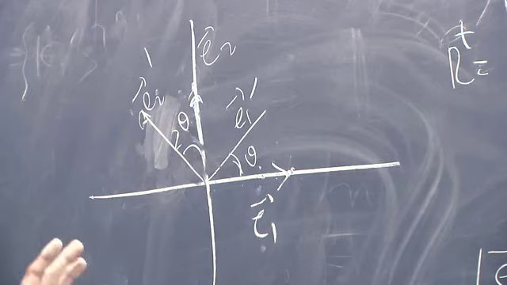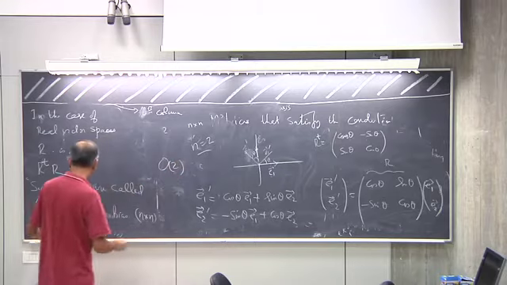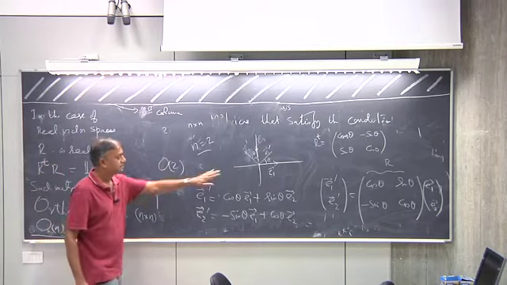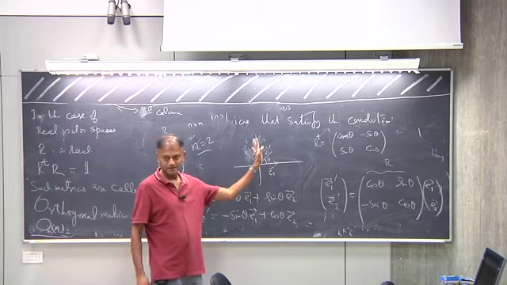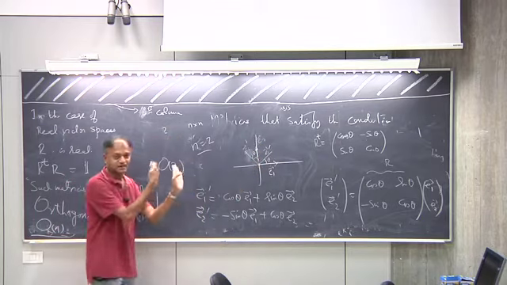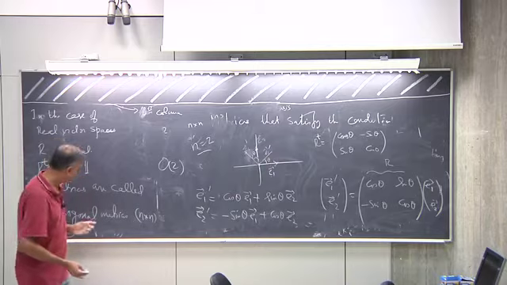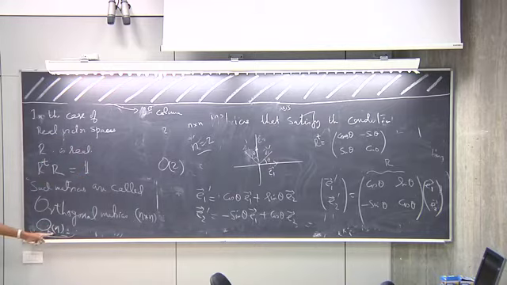So this is the full O2 group. This O2 orthogonal group, 2 by 2 matrices, consists of two types of transformations. One is a rotation, and the other is a parity reflection. In general, ON is again the same thing, but now you have to consider all possible rotations in n-dimensional space, right?